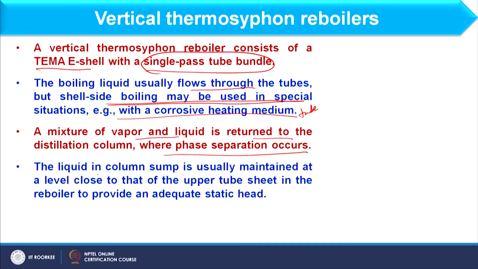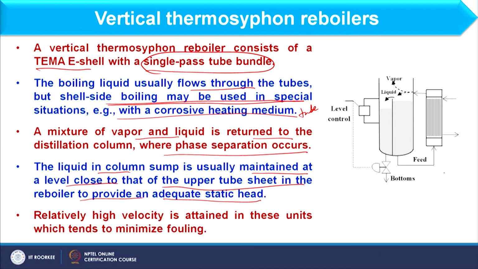Further, liquid in a column sump is usually maintained at a level close to that of the upper tube sheet in the reboiler to provide an adequate static head. This point we have already discussed.